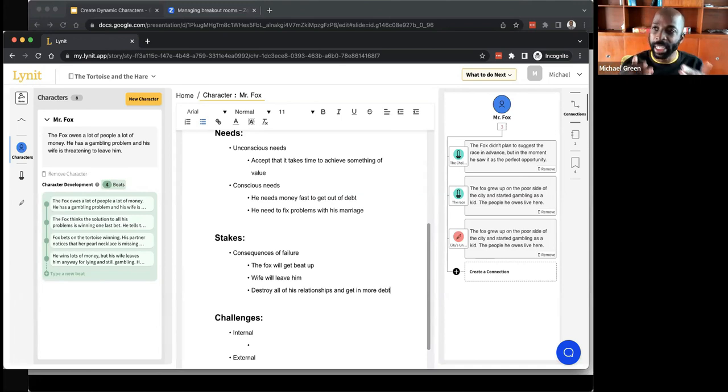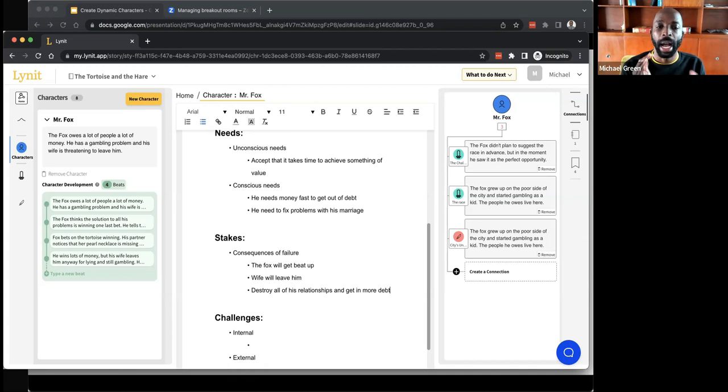So these can add some extra layers for this character that really make you connect and root for them to achieve their needs, because you can see what's going to happen. And often with characters, this is an area where writers can struggle or not put as much attention, because this is really important for a reader to connect, to care about the concerns of the character.